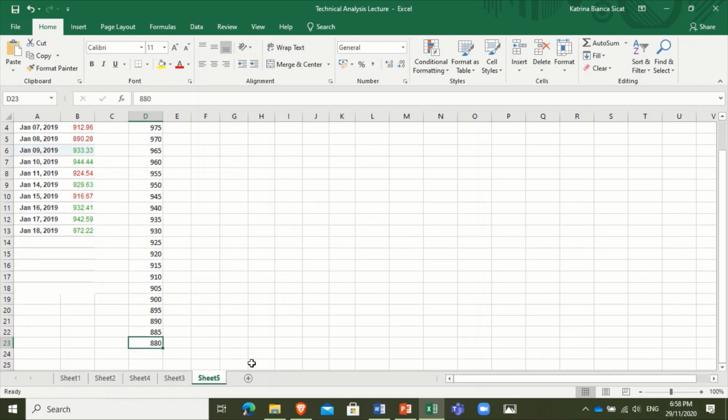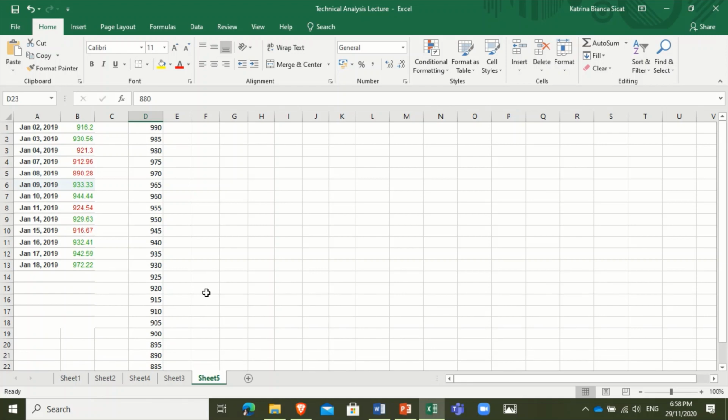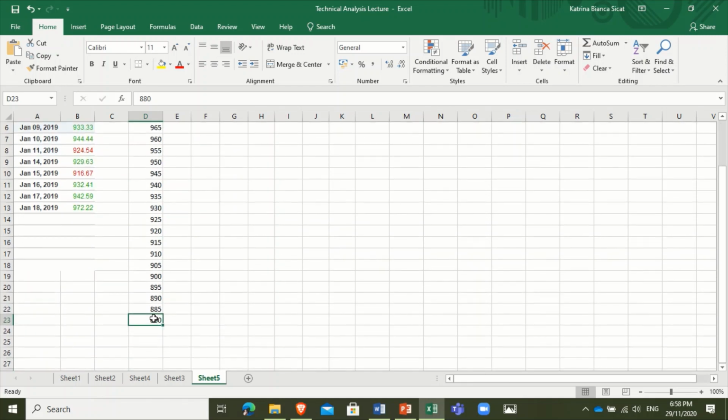So each box size means 5 pesos. And usually, ina-assign niya ng mga traders or ng mga analysts. Sometimes, yung box size would be 10. Sometimes it's 15. So, it depends on the trader or analyst. But for our example, we are going to assume that the box size is 5 pesos.